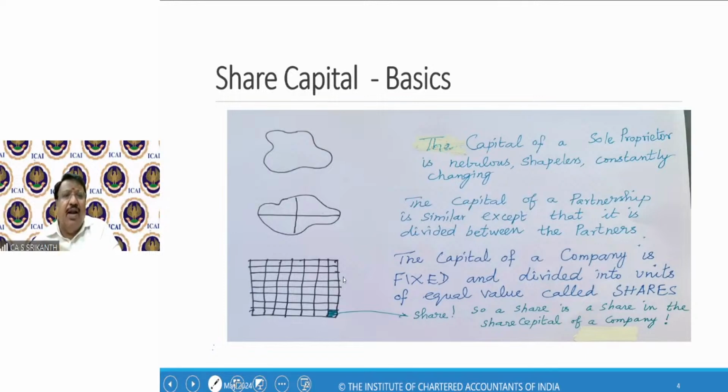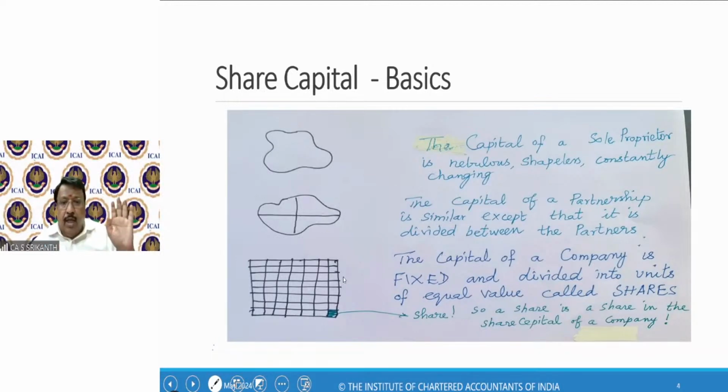This point will become very relevant to you going forward when we come to buyback, reduction of capital, etc. Again, we have to understand: the capital of a company is the only amount available to the creditors. Or if it is partly paid shares, then the amount, if any, unpaid on the shares can be collected from the contributories at the time of winding up.